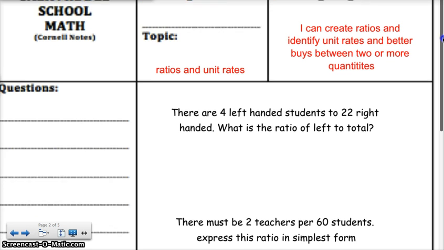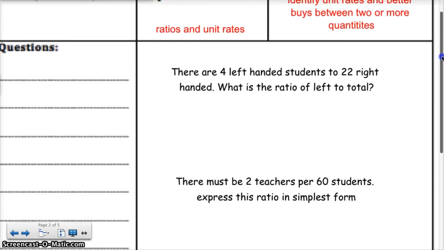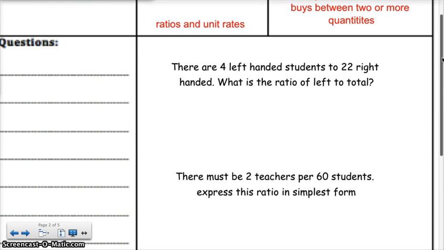There are 4 left-handed students to 22 right. What is the ratio of left hand to total? So we have 4 left hands. It should be left is to total. Left I have 4. Total I have what? 26? Yep.